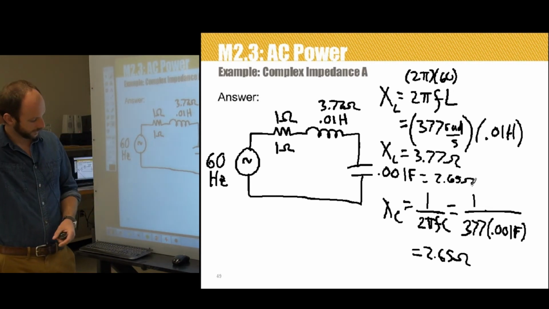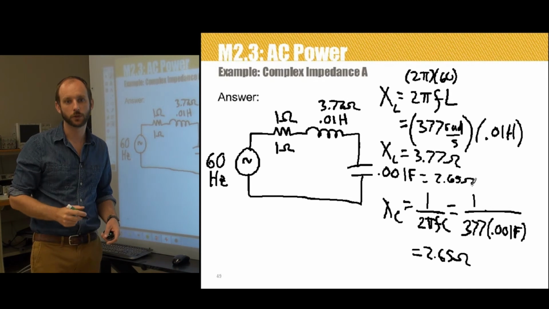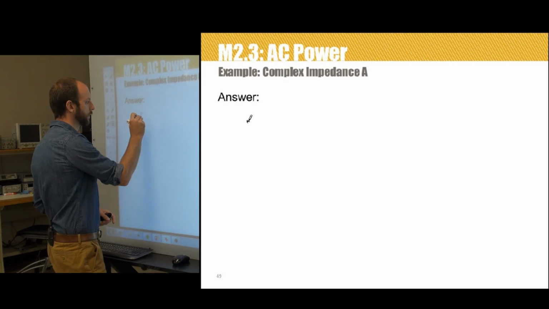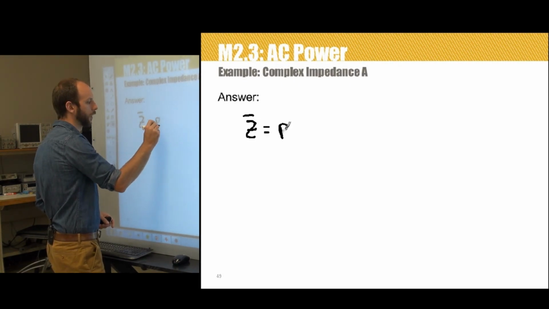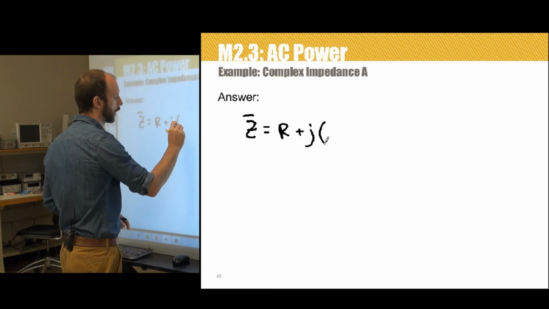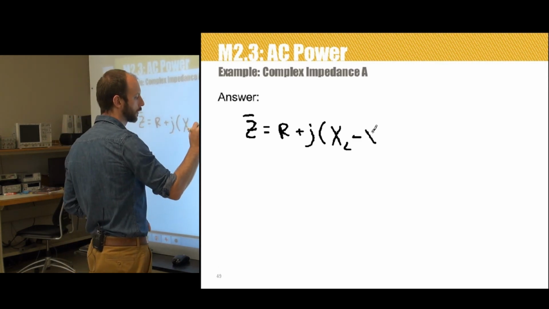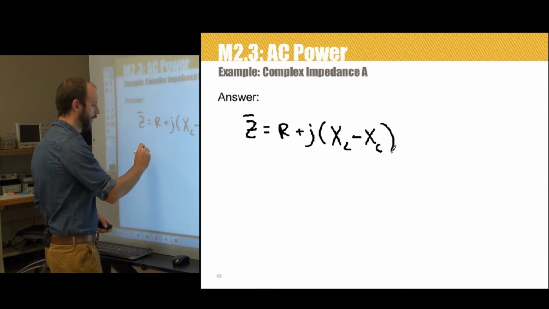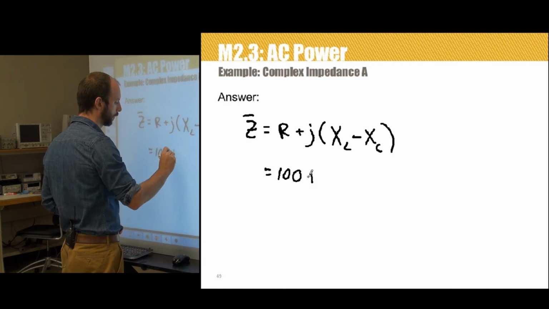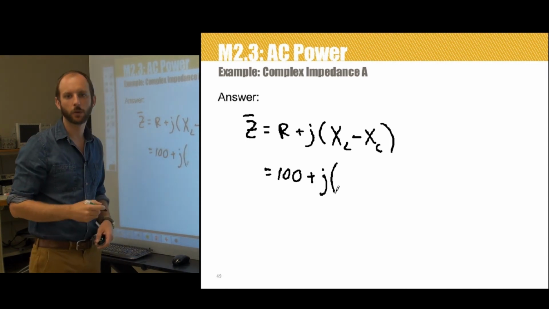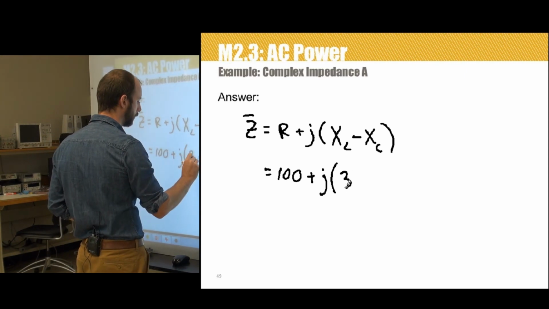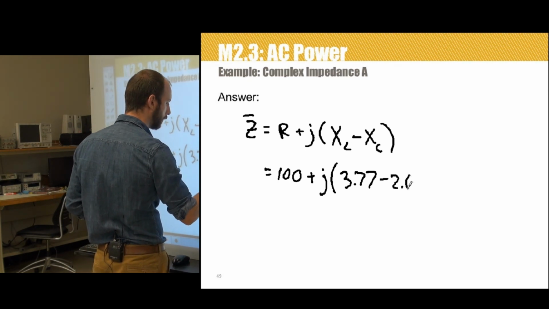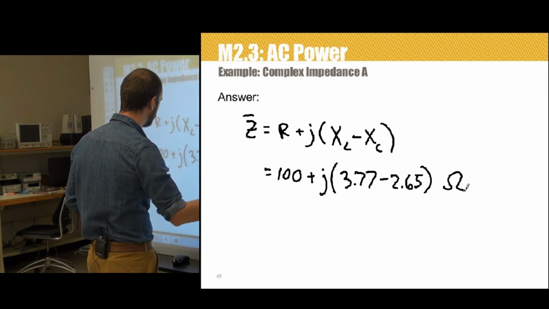Because these reactances are in series, we can use that right triangle method that we showed to combine them. So what we would say is that Z is just going to be equal to R plus j times (X sub L minus X sub C). So here we have 1 ohm plus j times (3.77 minus 2.65), all things in ohms.